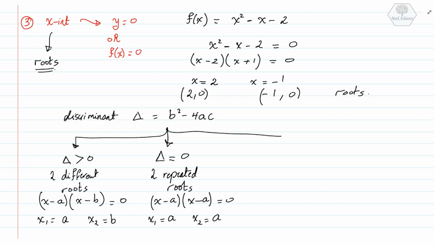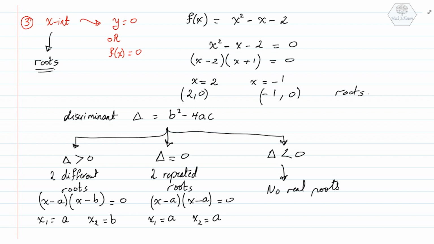The third case is that the discriminant is negative, which is less than 0. Here we have no real roots, which means I have no intersection on the x-axis. This is for the discriminant and how to know our number of solutions, which are the roots.